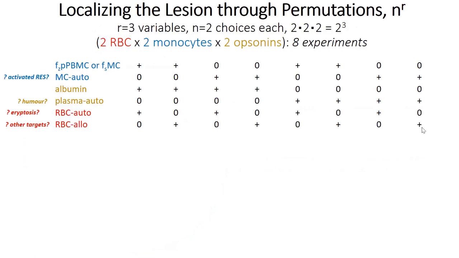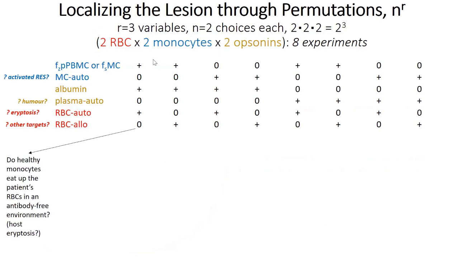As mentioned by those substitution or choice options, a 2 erythrocyte, 2 monocyte, 2 opsonin model already gives you 8 different experiments, and they are all going to give you different insights or answer different questions.